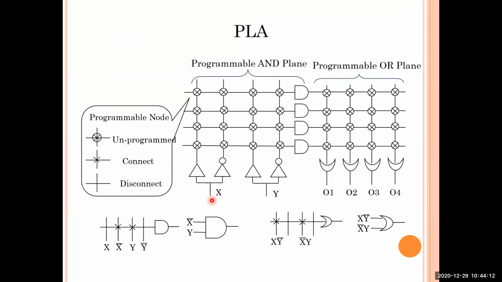But in this particular diagram on this slide, there are two inputs, X and Y, which have been given over here. So these become the two inputs for this AND plane. And depending upon these outputs, which become input to the OR plane, it will produce output 1, output 2, output 3 and output 4. So this is how it works. This particular diagram has been designed with only two inputs.